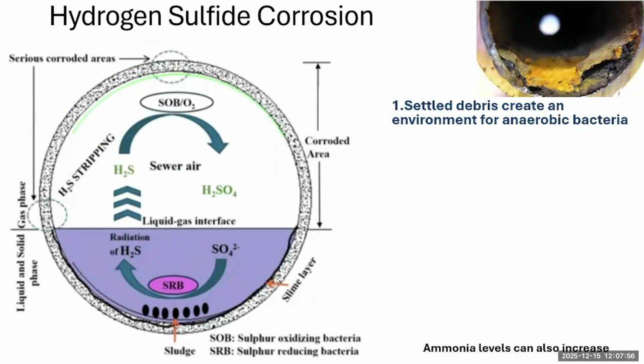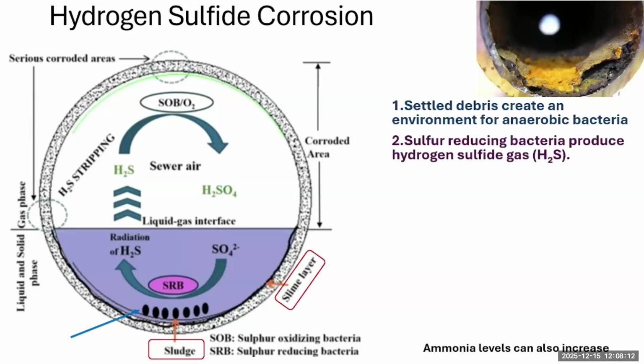Anaerobic bacteria can thrive there, and so we've got a slime layer and sludge layer, and you can see where that accumulates at the bottom of the pipe here.